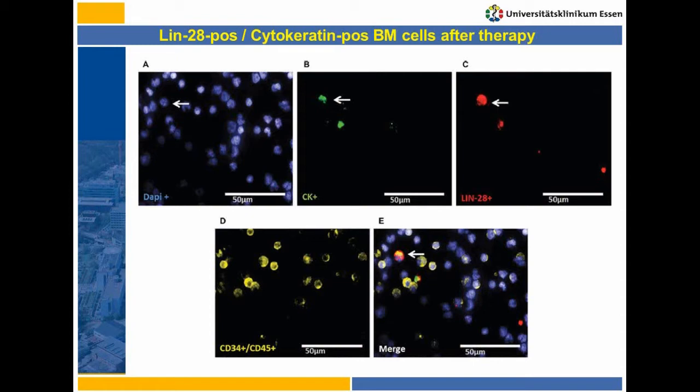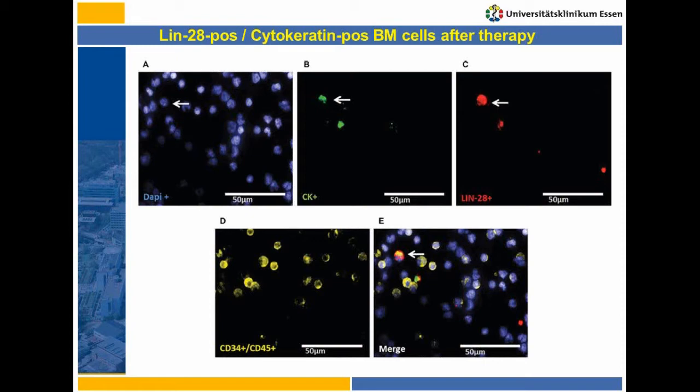And of course, under D, you see that we also established a staining for CD34, because in the bone marrow you find about 1.5% normal hematopoietic stem cells, and of course we had to exclude false positive results. And we also established a staining for CD45, also to be sure not to detect lymphocytes.